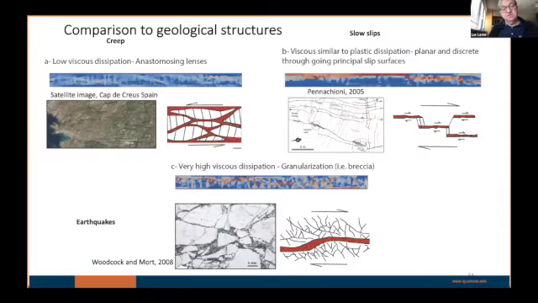Basically, that was the idea, and we analyzed the patterns of deformation to see how they match the observations.